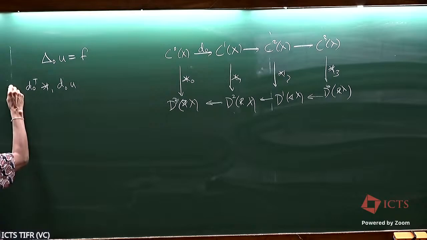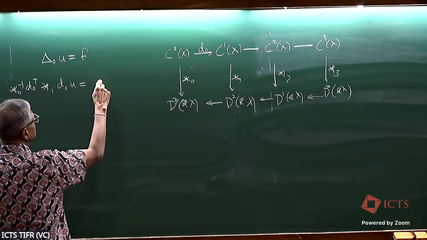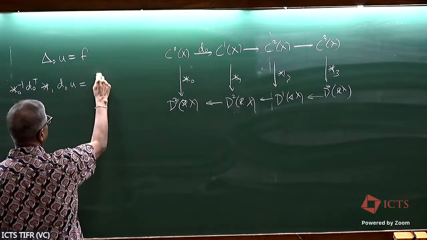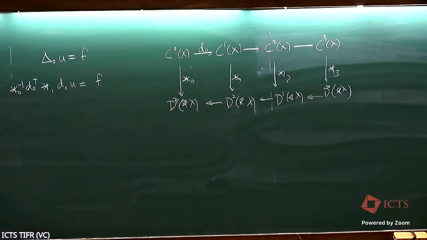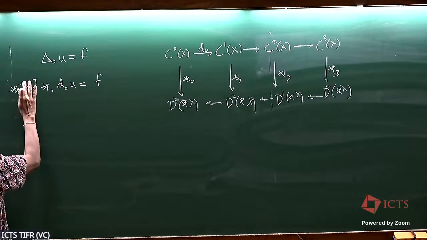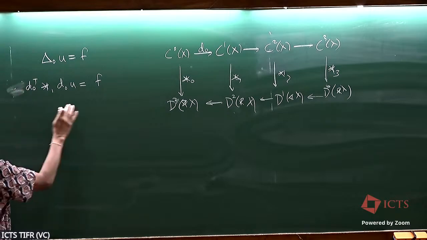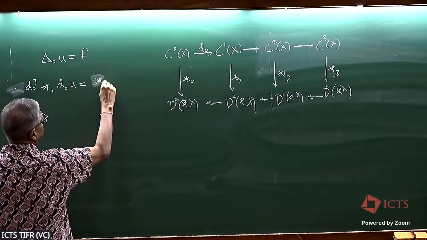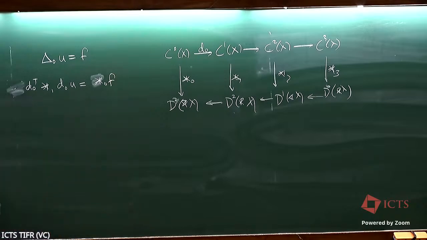And then you do star 0 inverse. And that you say is equal to f. And so then you can just take this to the other side if you wish. And solve this problem. This is a square matrix.